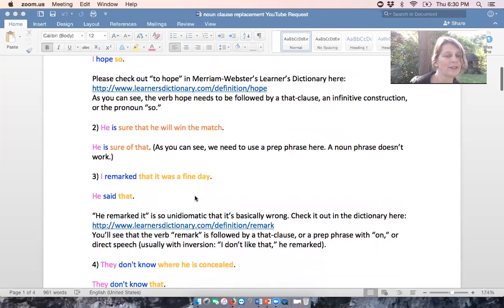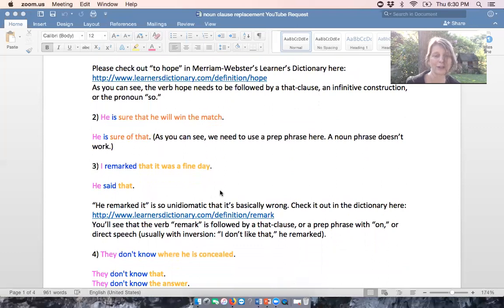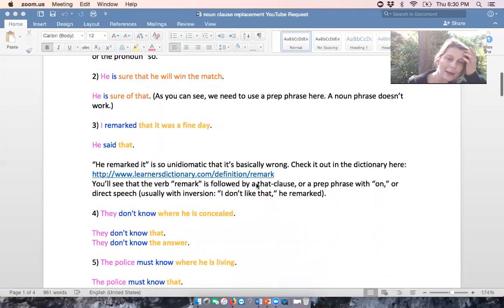I remarked that it was a fine day. And here we have another problem. To remark is usually used with direct speech as a direct object. And I gave you an example here. So in a novel, or in a dialogue or something, you might say, "Oh, I don't like that," he remarked, or something to that effect. So if we want to retain a subject verb object structure, I would say he said that.